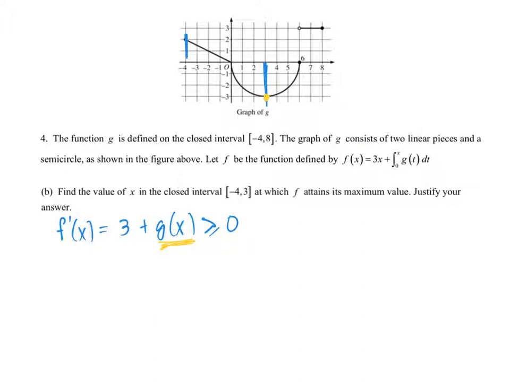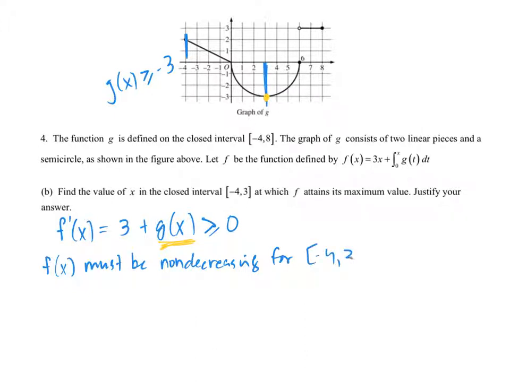Okay, but 3 plus g of x is always going to be positive because g of x is always going to be bigger than or equal to -3 everywhere on the interval from -4 to positive 3. And so if f prime of x is always greater than or equal to 0, then what this means is that f of x must be, what we say, non-decreasing for the interval from -4 to 3.